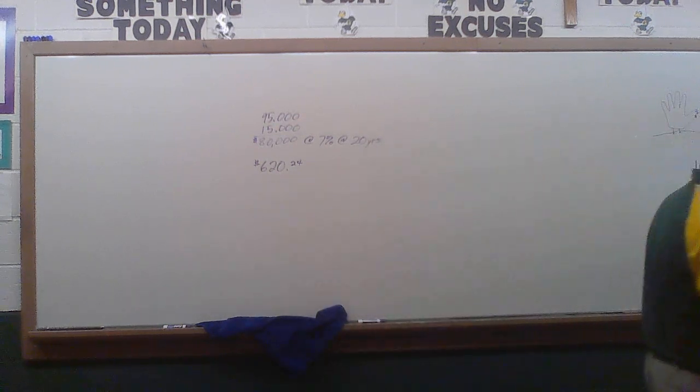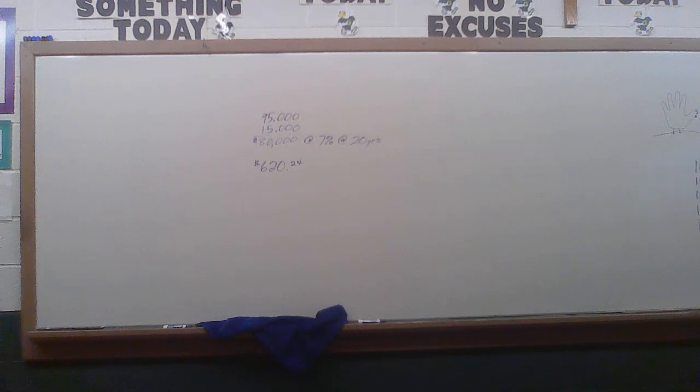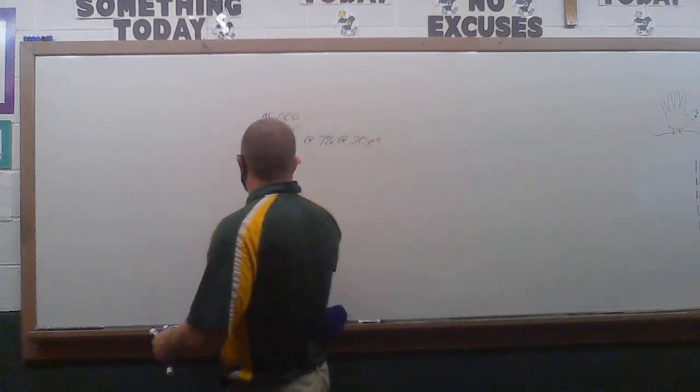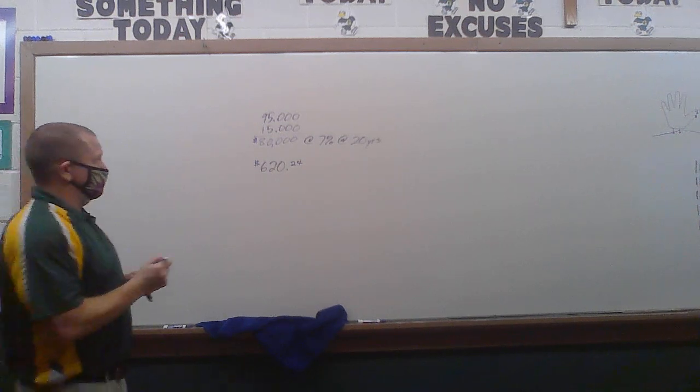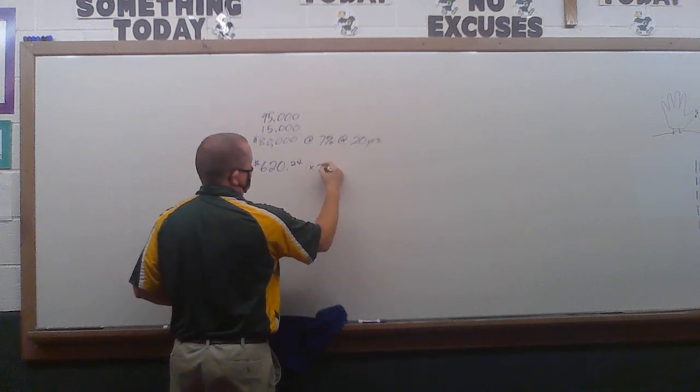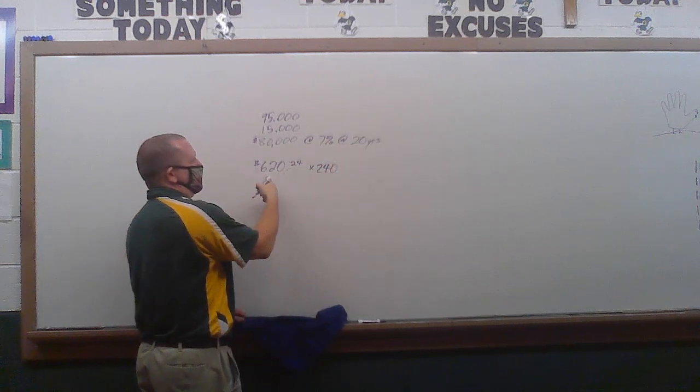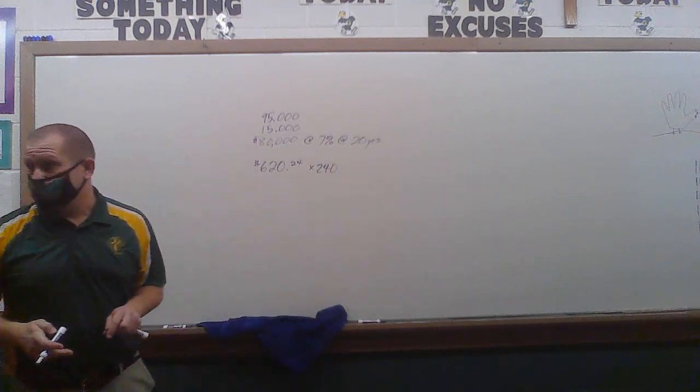Okay, so that's my first part. Now what's the second part? It says what is the total amount he will pay in interest over the 20-year loan period. So how do I figure this out? Here's what I would do. How many months am I going to pay if I do the whole cycle? Take $620.24 times 240.